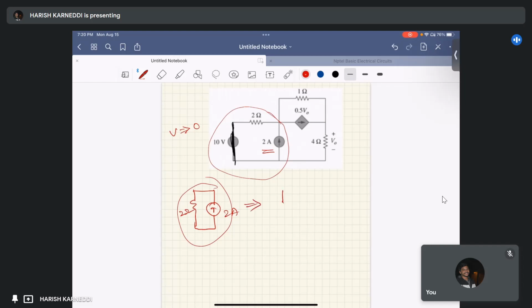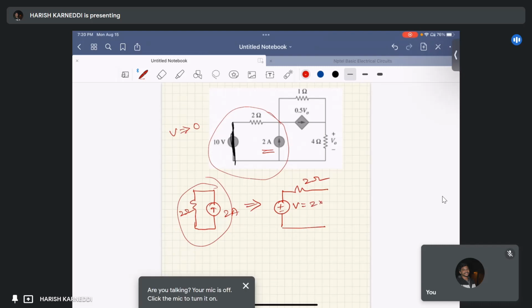We can transform it to a voltage source in series with a resistor. The resistance remains the same, that is 2 ohm. The voltage equals I into R, with I equal to 2 amperes and R equal to 2 ohm, that equals 4 volts.